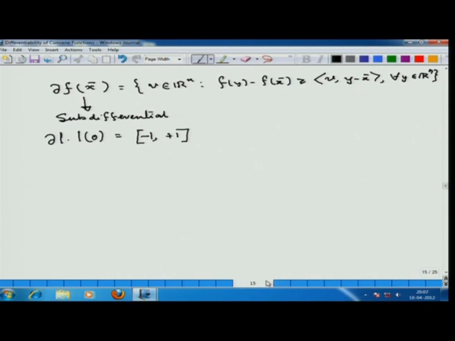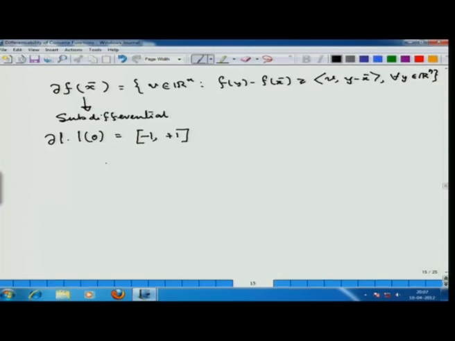Now, the interesting part of this is that, okay, you have done this, but observe there is something very important. Now, I have made a very important leap. My gradient is no longer a vector, my gradient is a set. So, given an x bar, my gradient is not a vector, but a set.